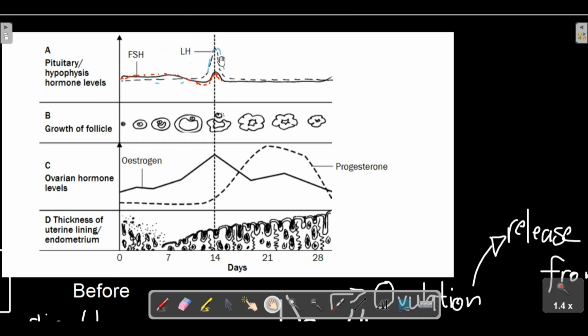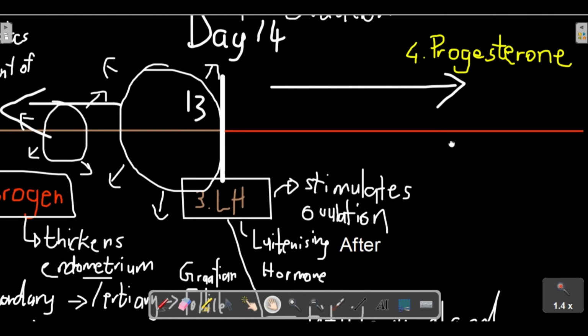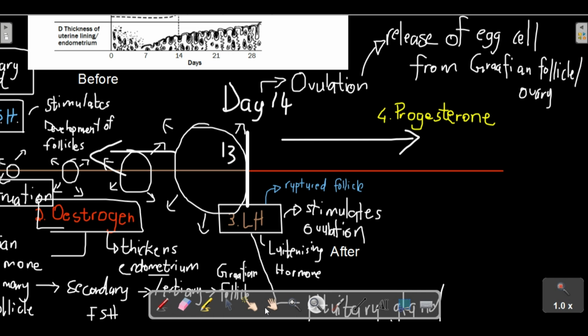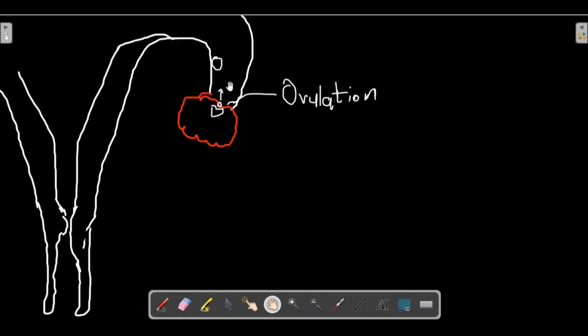Right, so the LH, which allows for this process of ovulation to occur, also does a second job. The second function is to convert the ruptured follicle, the follicle that remains after the egg cell has been released. Whatever is left, we call the ruptured follicle.